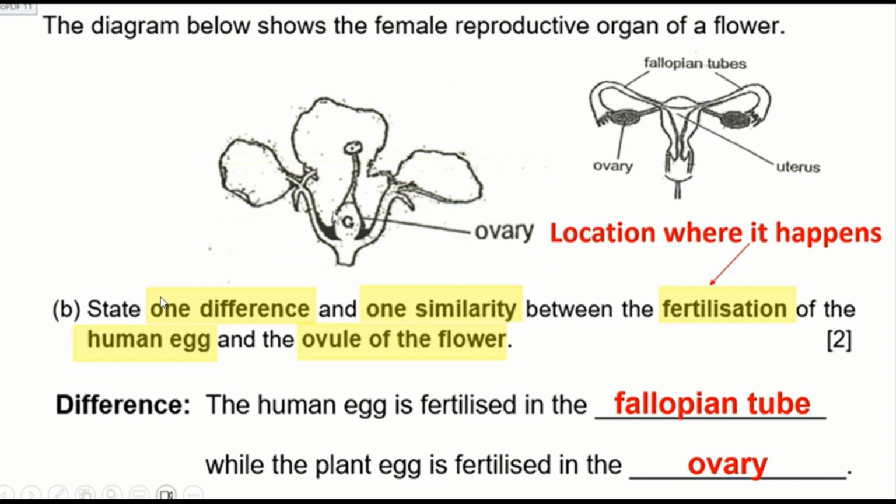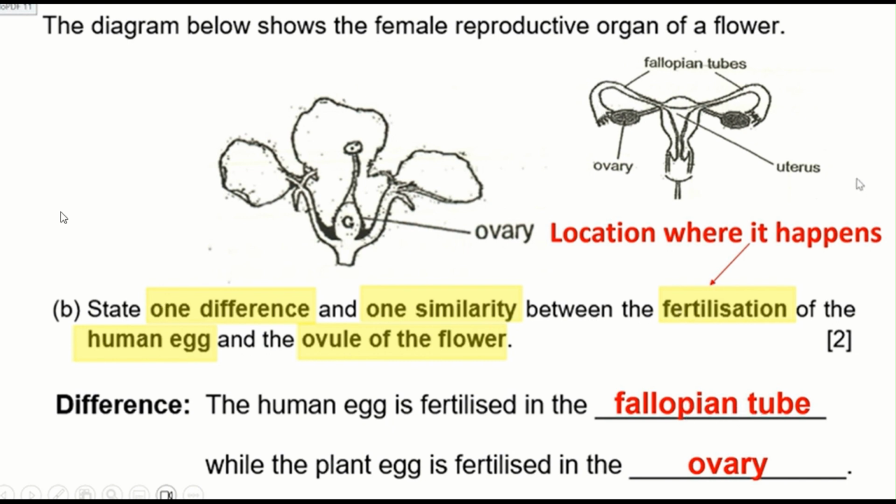From this diagram, you can see that the plant egg is found inside the ovule. So fertilization will take place inside the ovary, in the ovule itself. As for the human egg, the ovary releases the human egg into the fallopian tube. So it is at the fallopian tube that fertilization of the human egg will happen.